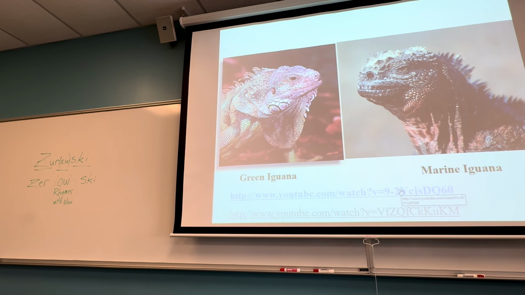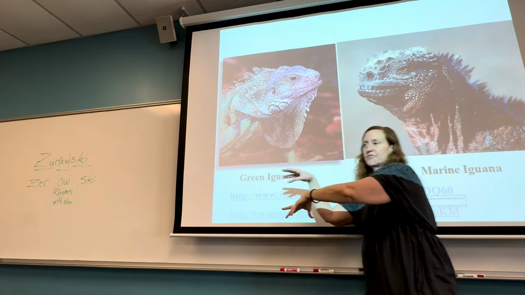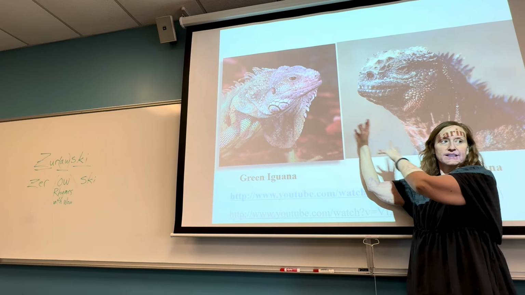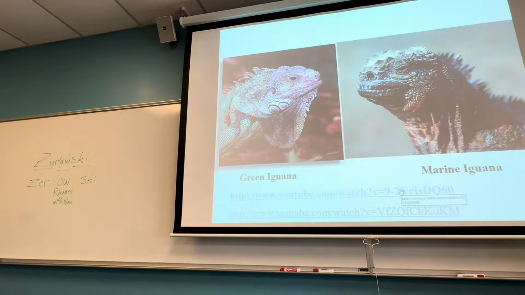So Darwin noticed, okay, the environment of their food makes for a very different form that is needed, a different adaptation based on what they need to do to survive in their environment.